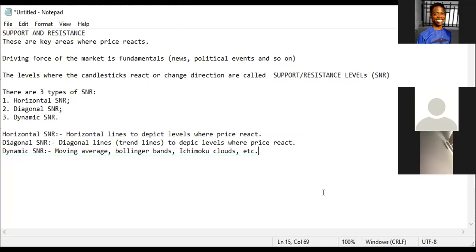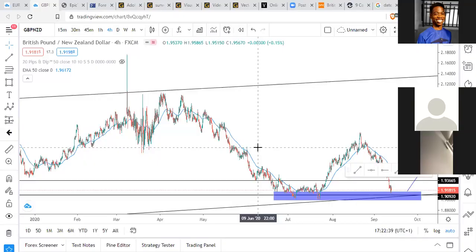Let me share my other screen. So guys, what I have here is GBP NZD.